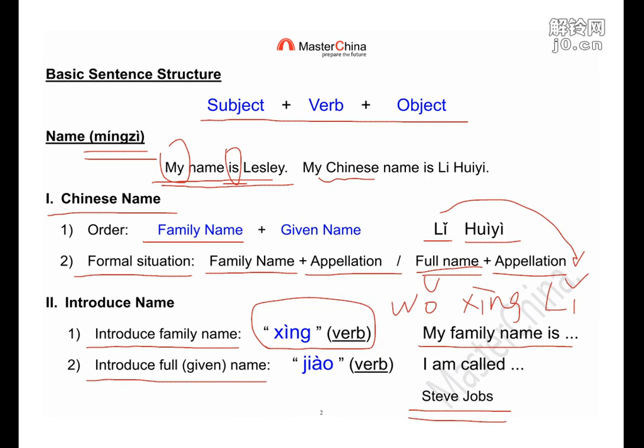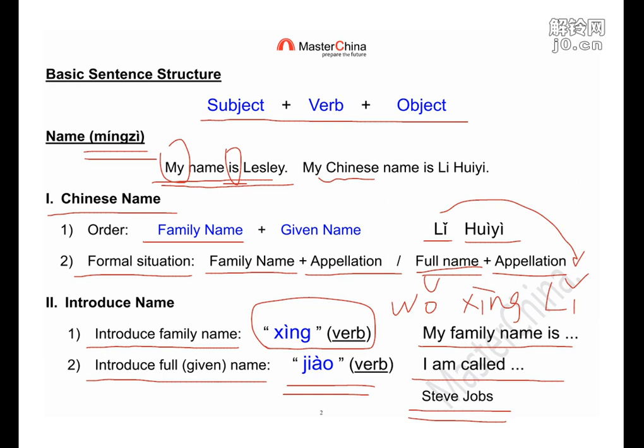We also have another specific verb, 叫. 叫. So let's talk about myself first. 我叫会议. So this is my given name, or the full name, 我叫李会议. So 叫 is for the full name and the given name.